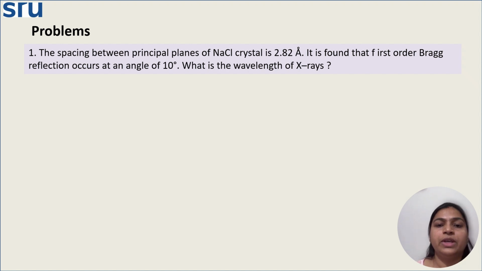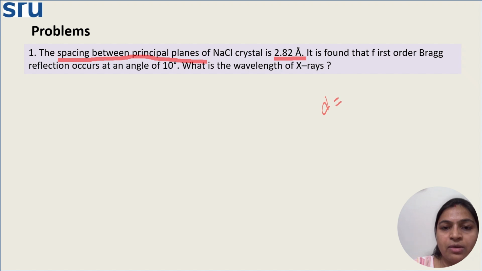First we have to identify what is given in our problem. It is given that the spacing between principal planes is 2.82 angstrom, so the d value is equal to 2.82 angstrom. What else is given? The first order Bragg's reflection.